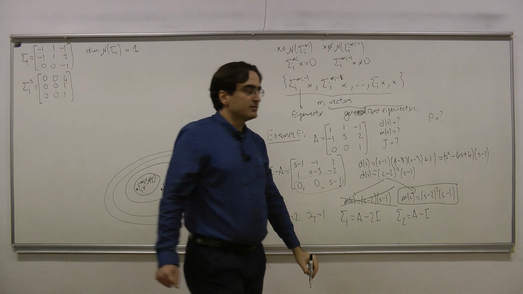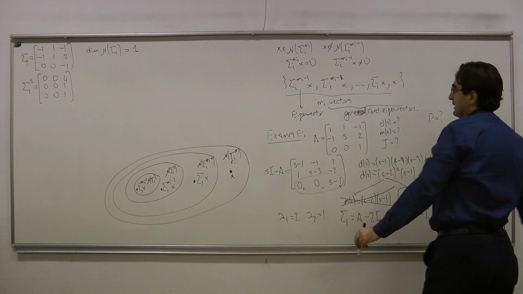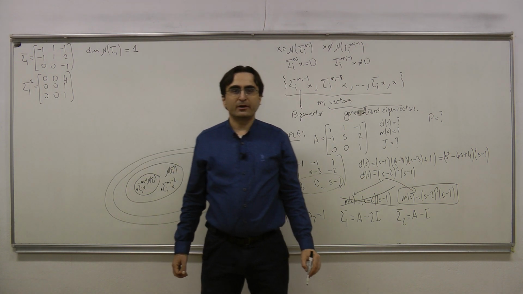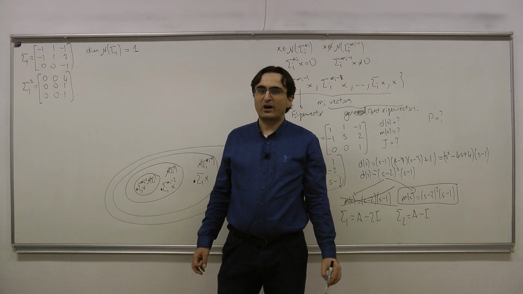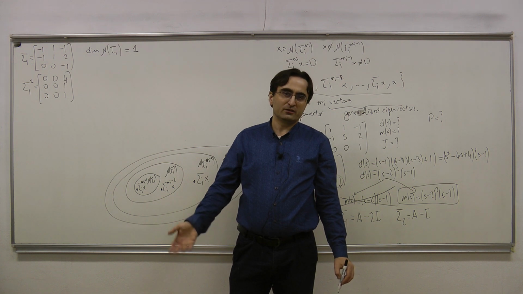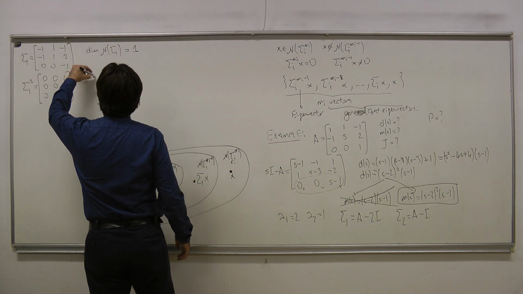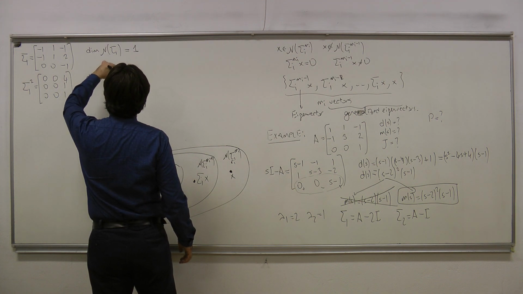Okay? So this is sigma 1 squared, and as soon as I look at that matrix, I see that it has only one linearly independent column. That means that its rank is 1, the rank decreased, and the nullity increased. Okay? So I have the dimension of the null space of sigma 1 squared is 2.